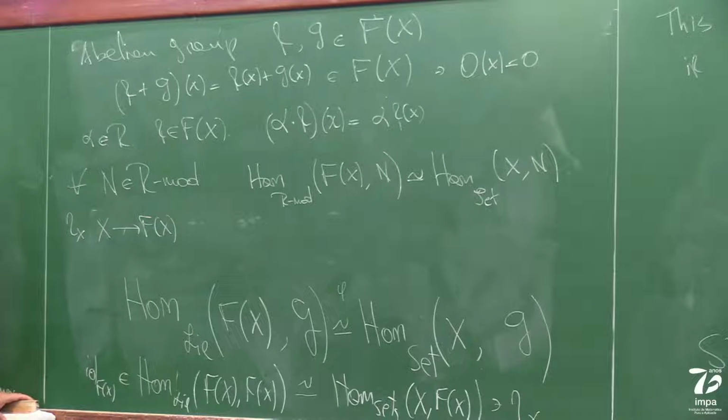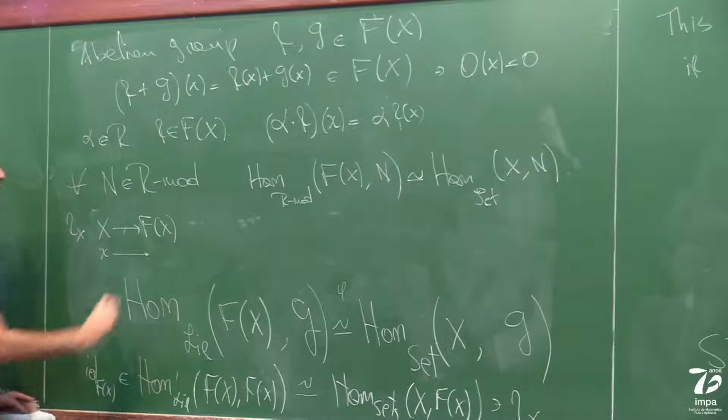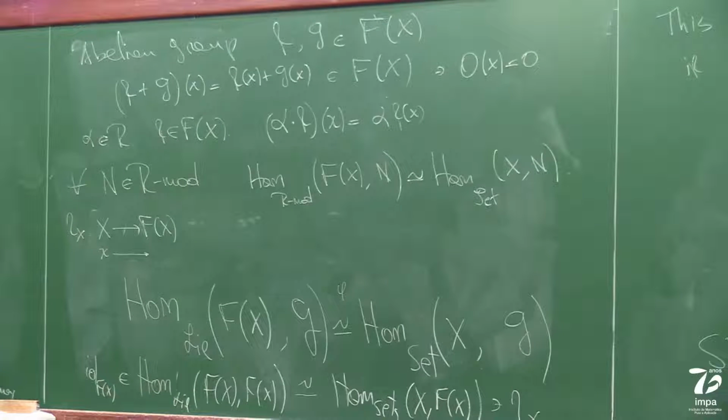What is this map? Well, for any little x, it needs to give me a function from X to R. And that function is going to be the characteristic function of x.